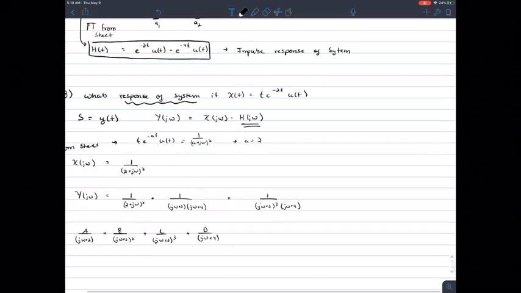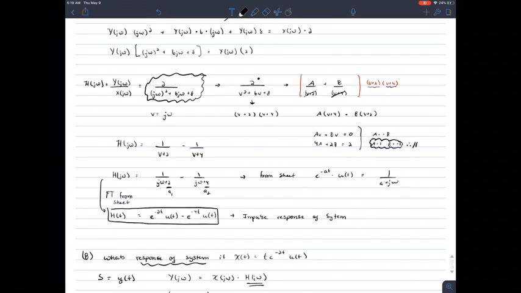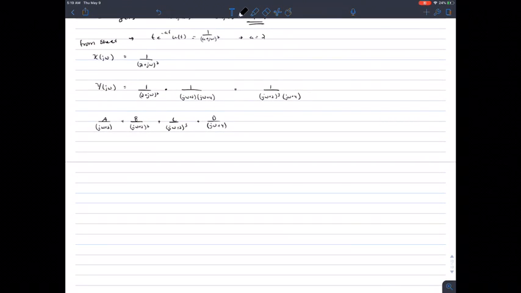Alright, like I said, just do the same thing that you did up here using substitution. If you don't like writing the jωs, you'll come out with, let's see here, A is equal to 1/4, B equals negative 1/2, and C is going to be equal to 1, and D is equal to negative 1/4.